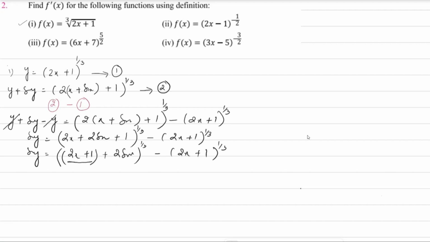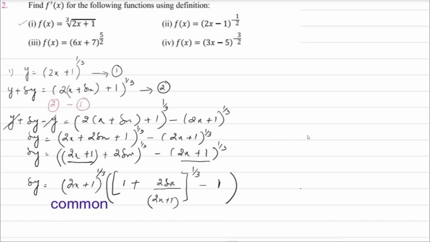So here we are going to take 2x plus 1 common. So delta y will be 2x plus 1 whole raised to the power 1 upon 3, and this one we have taken common, so there will be 1, plus from this term we have taken 2x plus 1 whole raised to 1 upon 3 common, so this will be divided by this term, minus 1.